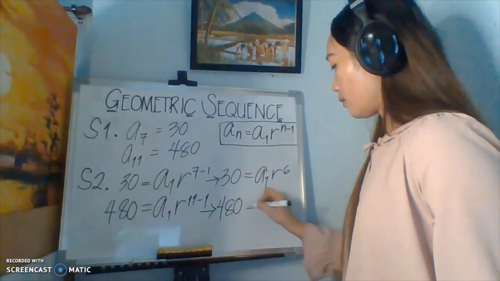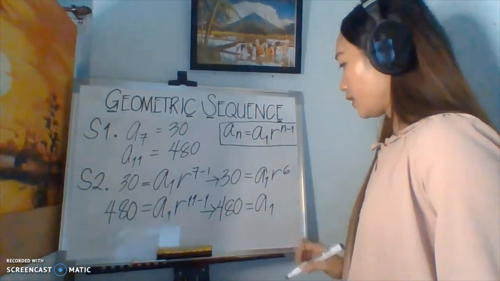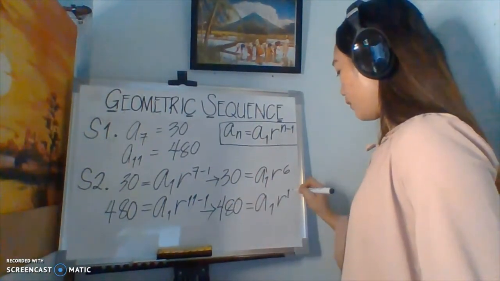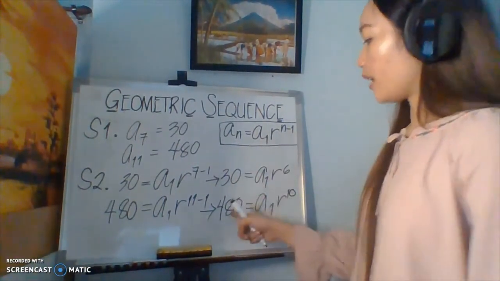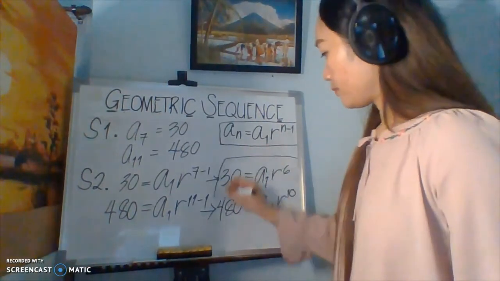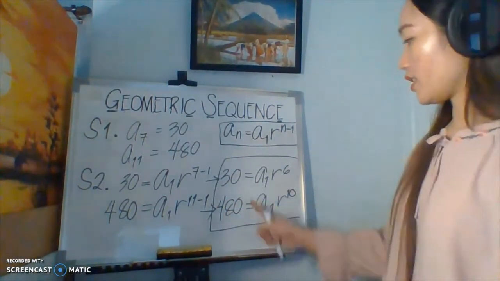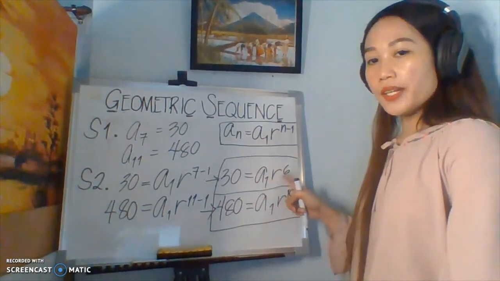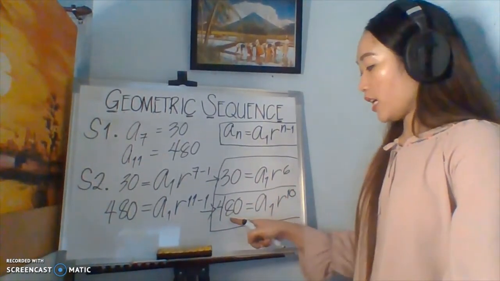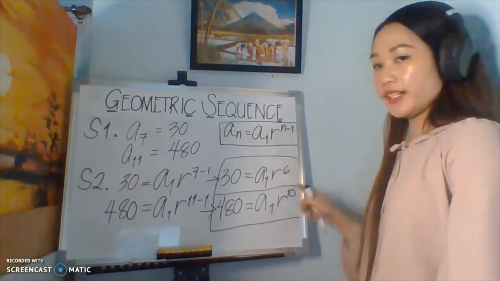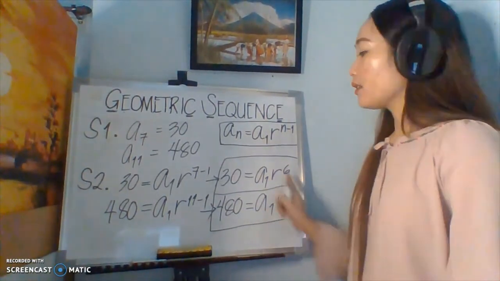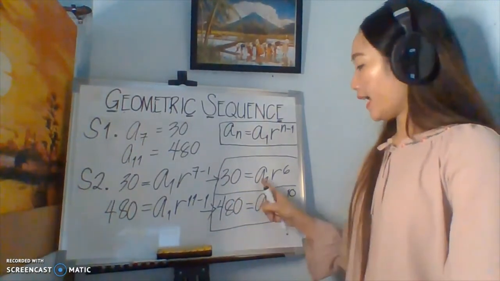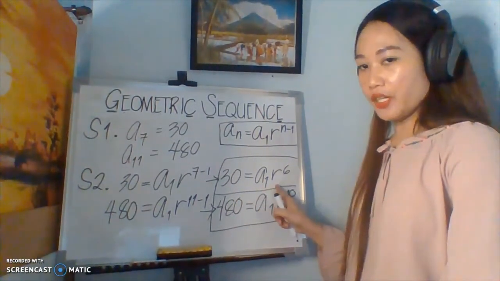What is 11 minus 1? That is 10. So we have now two equations. These are now our equations. 30 equals a sub 1 r raised to 6. 480 equals a sub 1 r raised to 10. So we are going to divide these two equations to find a sub 1 and the common ratio.